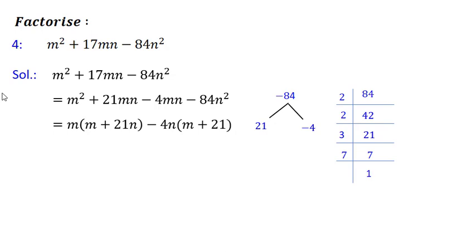Once you get m plus 21n here, you should have in your mind that here also you will get m plus 21n. So to have m only, you have to take minus 4n common, right? Now m plus 21n is common, I will take it out, and in the other bracket I will have m minus 4n. So m square plus 17mn minus 84n square is m plus 21n into m minus 4n.